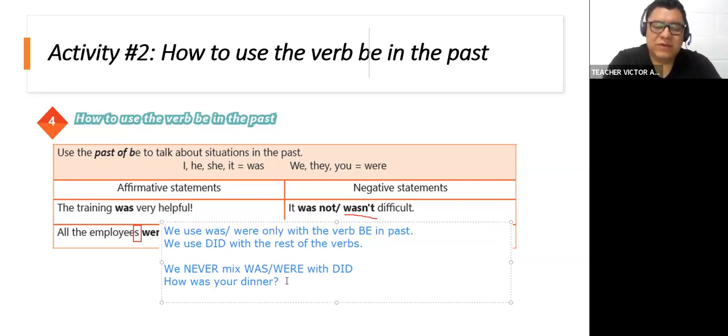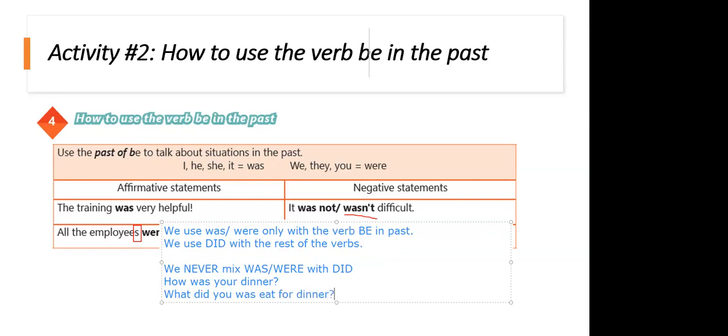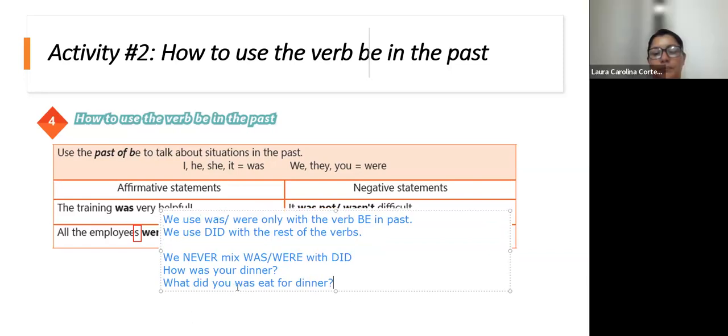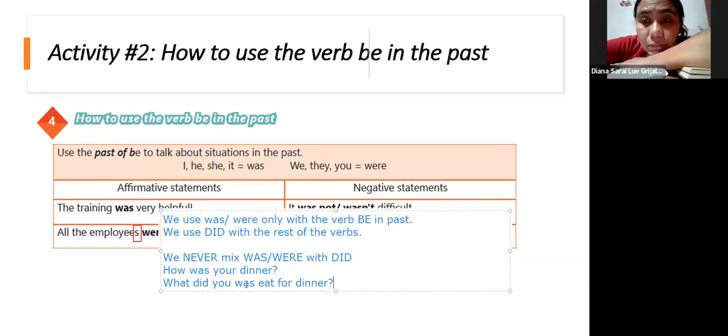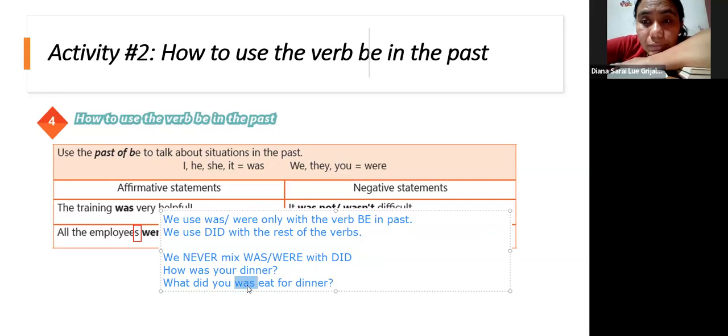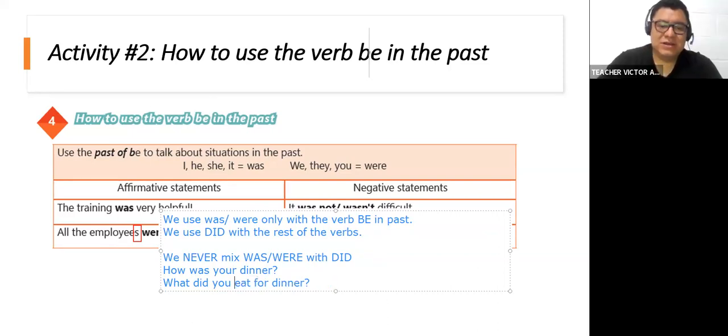But what if I say, for example, what did you was eat for dinner? Is this correct, guys? No. What did you eat for dinner? What did you eat, right? Exactly. In that case, what did you eat for dinner?